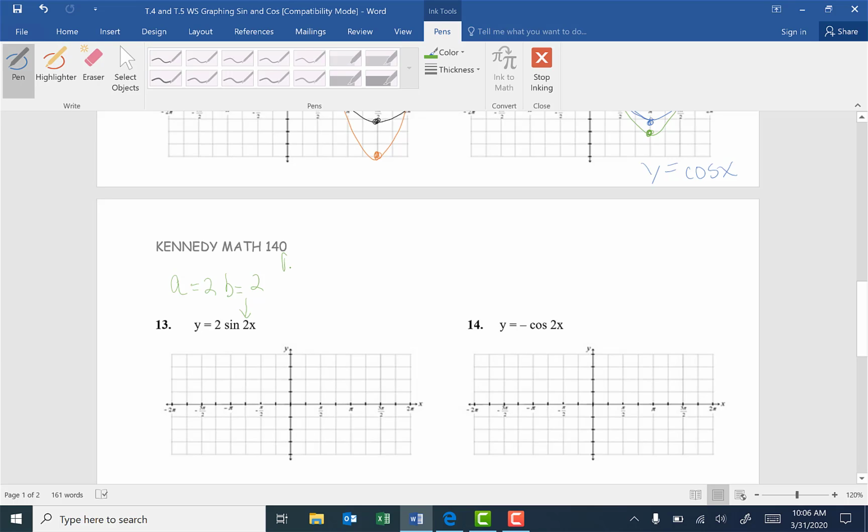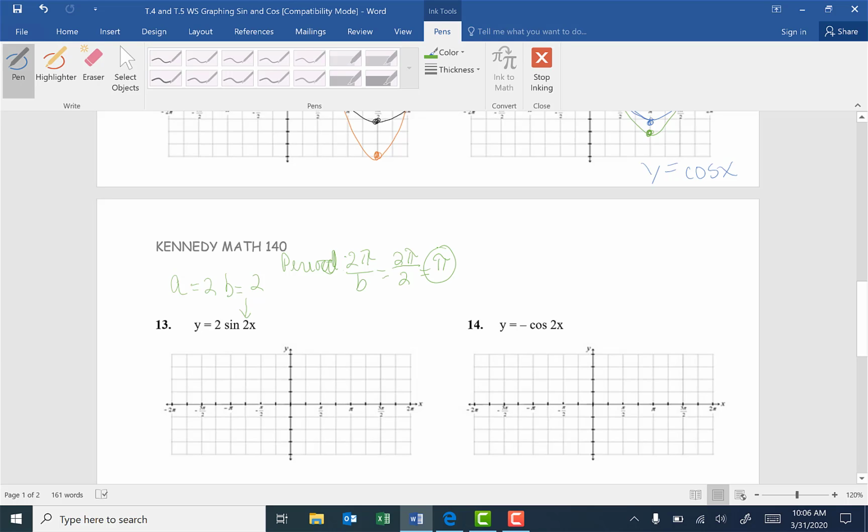So our period, where it repeats itself, will be 2 pi over B, and B is 2, so it's going to be pi. So this time the period is pi.